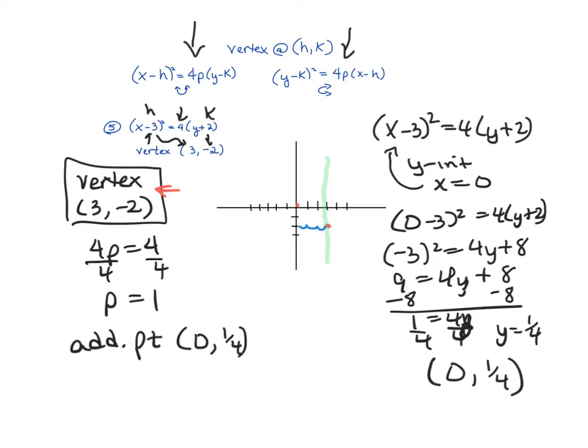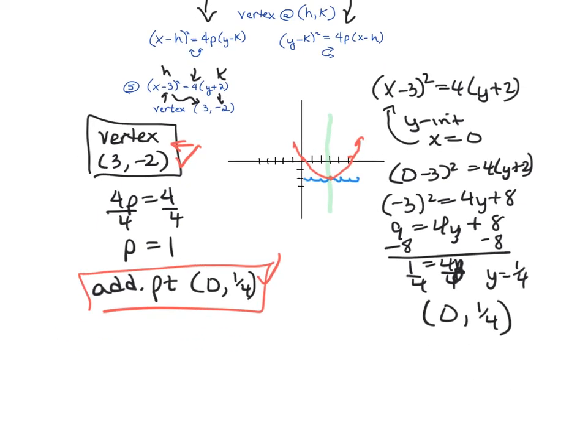So over here I could go 1, 2, 3, and then put another point to get the other half of my U shape over here. And again, it's kind of wide. So far I found an additional point. I found the vertex. Now I need to find the focus point.